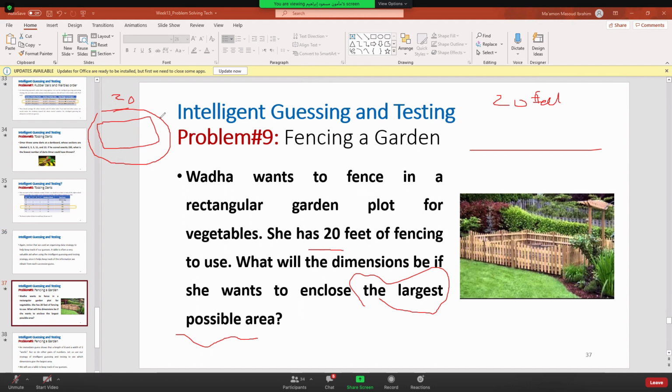Okay, this perimeter is the perimeter of the rectangle, which is 20. So what is the perimeter of a rectangle? All of you know, it is width plus height, I will write h, times 2.